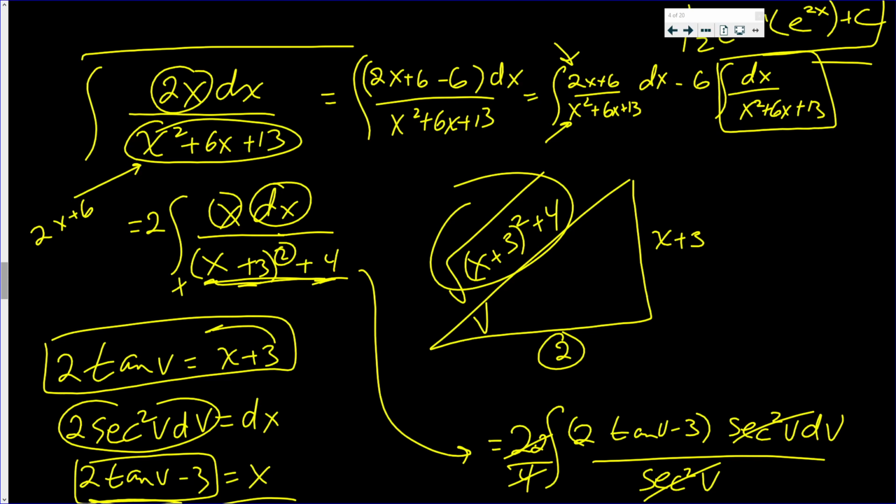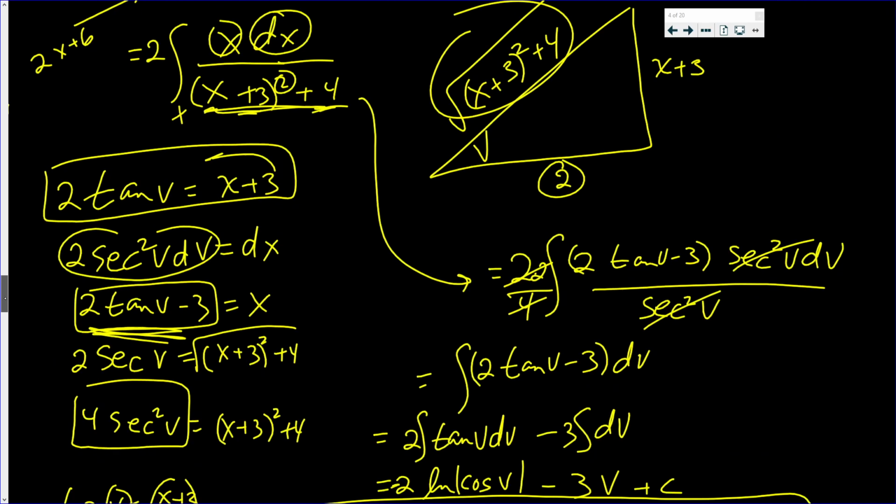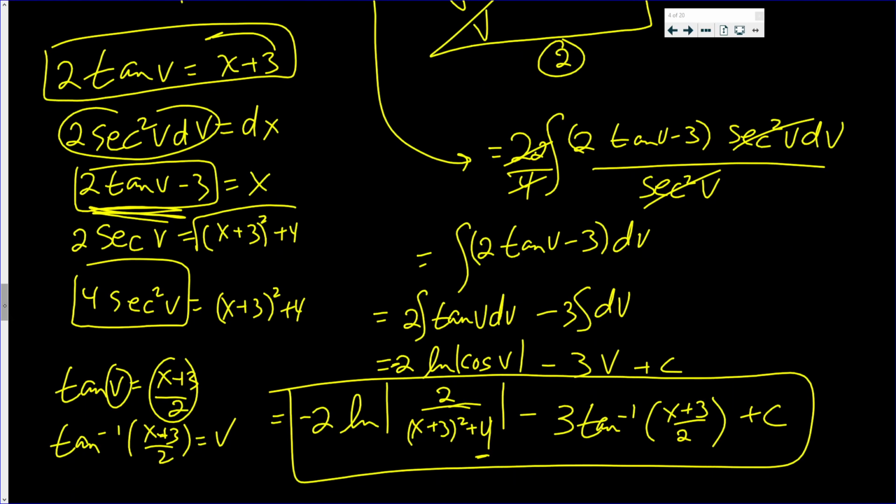So here I separated it into two integrals early on, and the way I did it down here, I separated it into two integrals later on. Either way, it did have to be separated. You should have seen that.